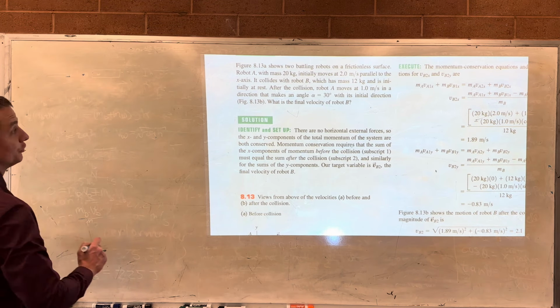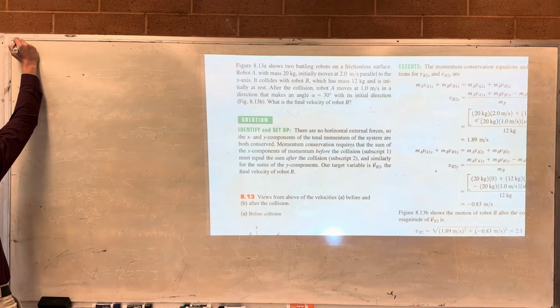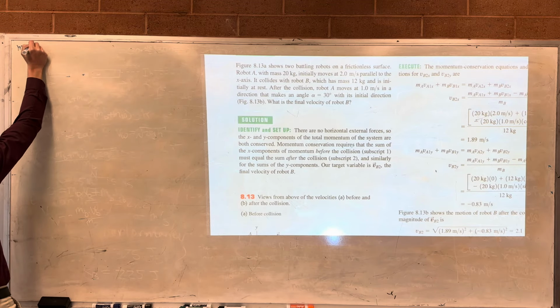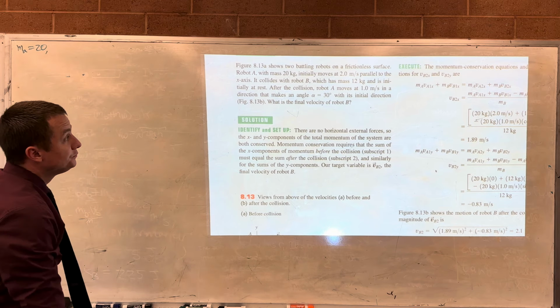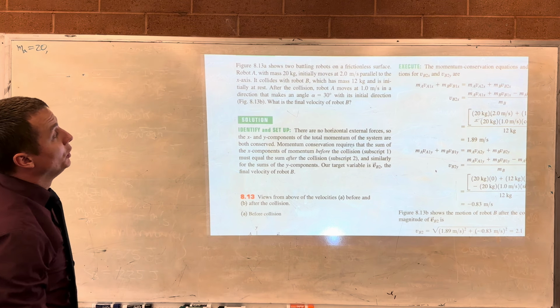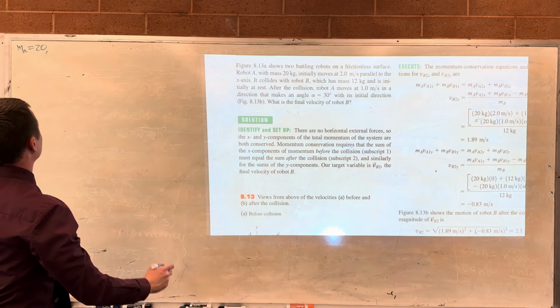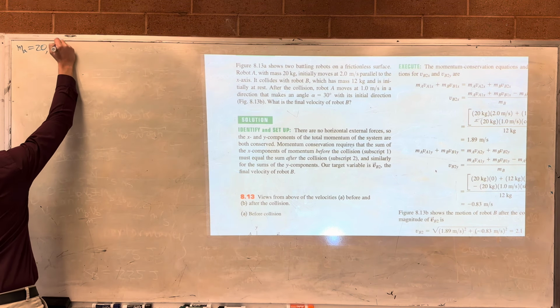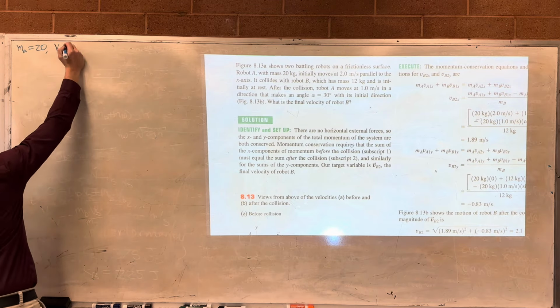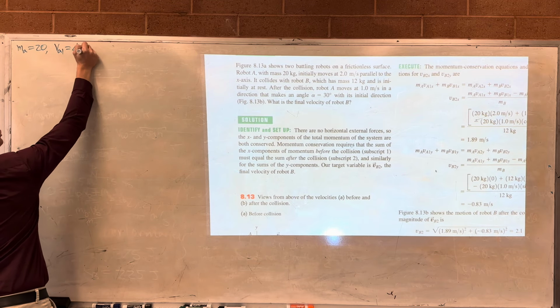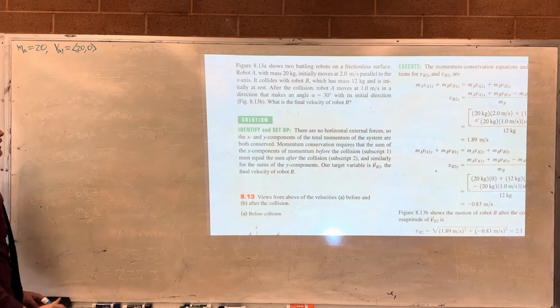Robot A has a mass of 20 kilograms, so the mass of A is 20. It initially moves at 2 meters per second parallel to the x-axis. So the velocity of A initial is 2 and 0, right?